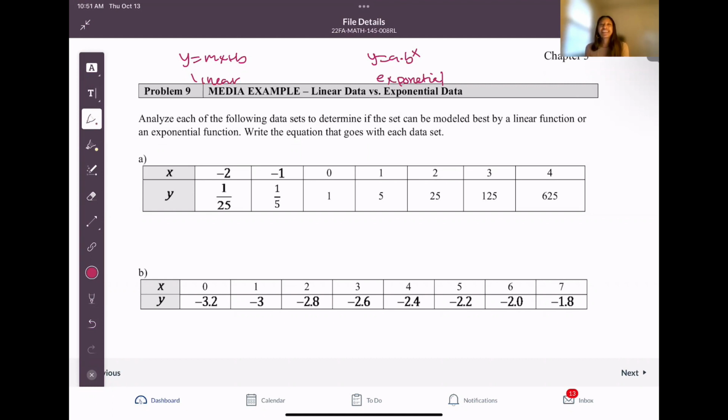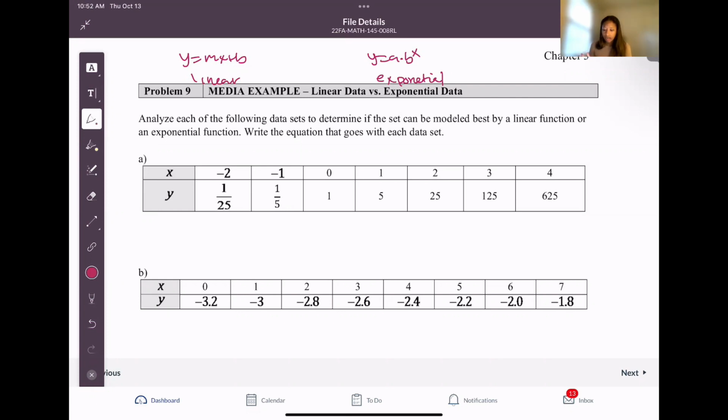We can look at the average rate of change, so the change in the outputs over the change in the input, or we could look at the successive ratios. We have to check both. If the average rate of change is constant, it's linear. If the successive ratios are constant, it's exponential. Or you might be able to just look at this and identify the pattern.